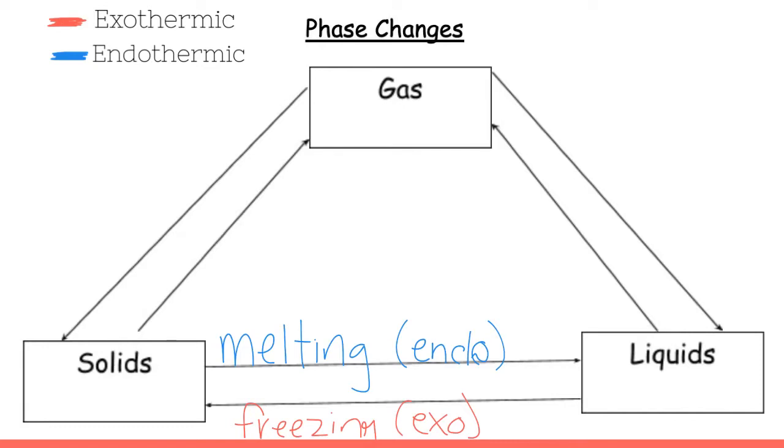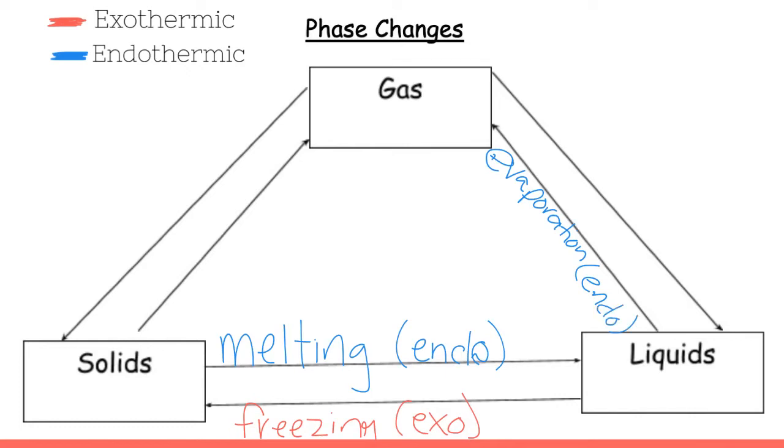versus melting, where energy is going to go in. Another common one that you guys already know of is where we go from a liquid up to a gas, and that is what we call evaporation. And because I'm drawing that one in blue, of course, that is going to be endothermic.